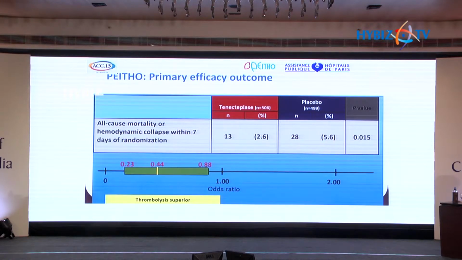In order to know whether the intermediate group of patients who present with PTE are going to benefit from thrombolytic therapy, the PEITHO study was conducted, which randomized the patients to tenecteplase or regular antithrombotic treatment with heparin. The outcome was that thrombolytic therapy was superior.